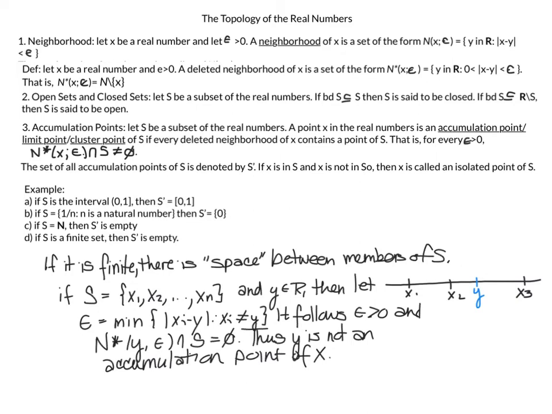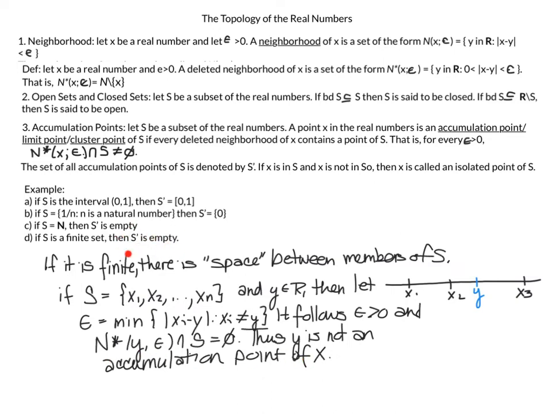So again, as long as our radius of the deleted neighborhood is less than the distance between x2 and y, once we delete y, we have no elements of our finite set. Thus, y is not an accumulation point of S. And since y was chosen to be an arbitrary real number, that means there are no accumulation points.